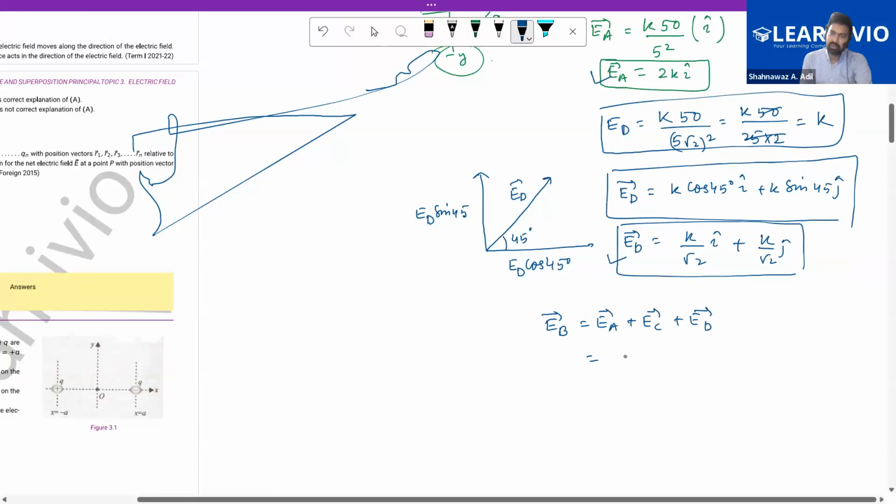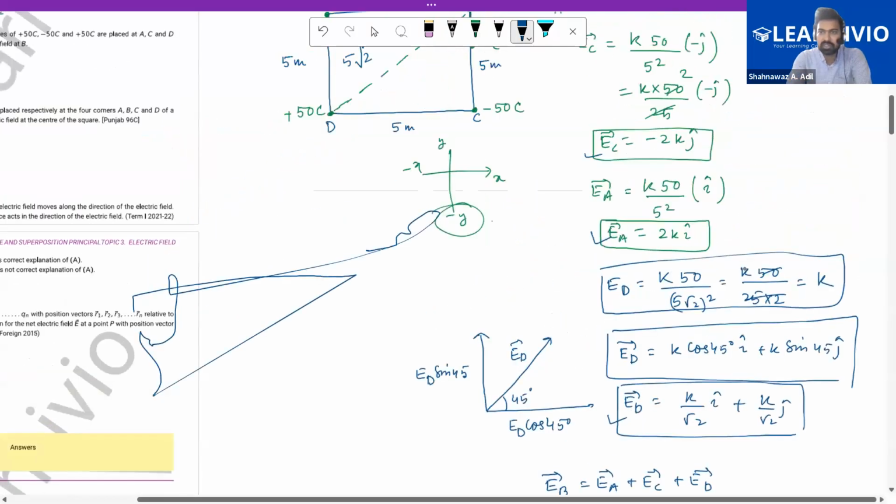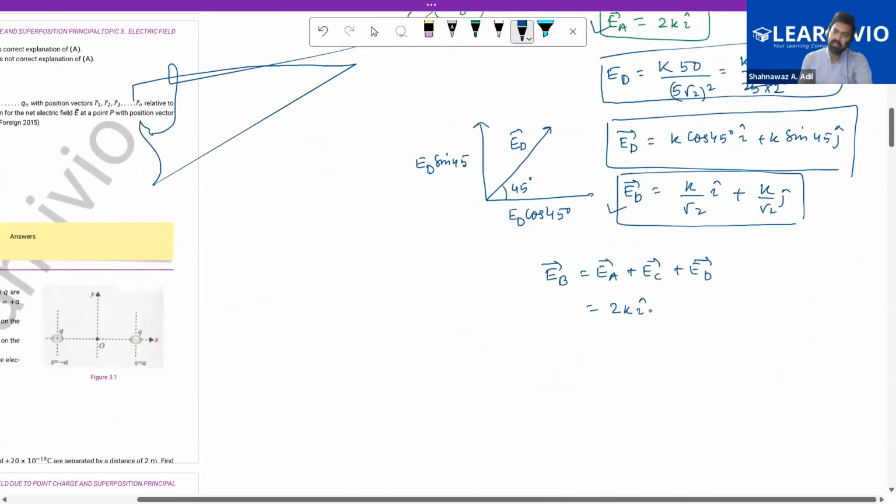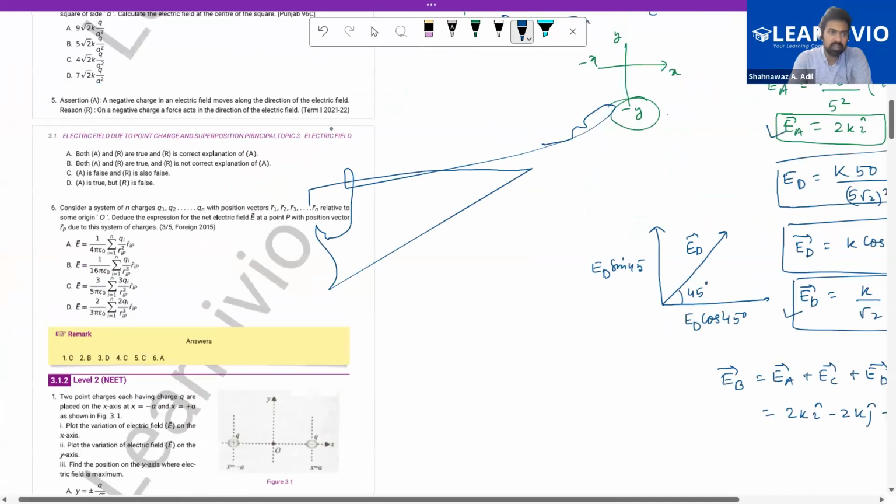EA was 2K i hat. EC was minus 2K j hat. And this is K by root 2 i hat, and then K by root 2 j hat. So what is the answer?